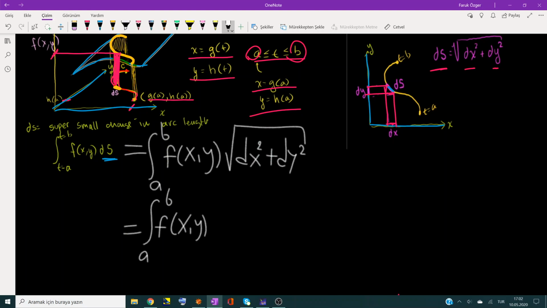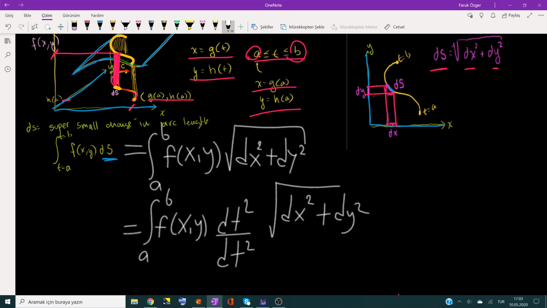Instead of this square root expression, let's multiply and divide by dt square: dt square divided by dt square times dx square plus dy square.